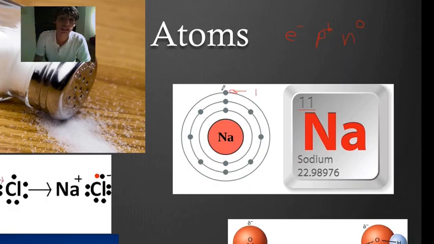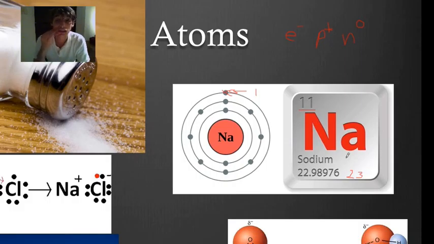If an element has 8 valence electrons, that means it will have a full valence shell. Now, at the bottom, you will see the atomic weight. This is basically the sum of the number of protons and neutrons in the element.